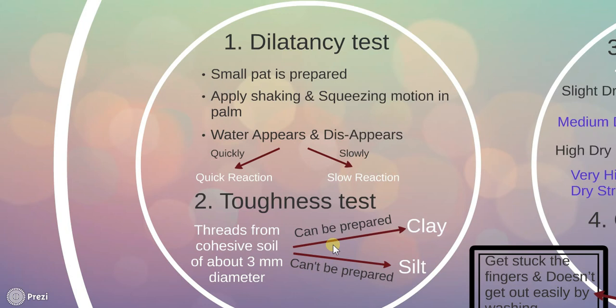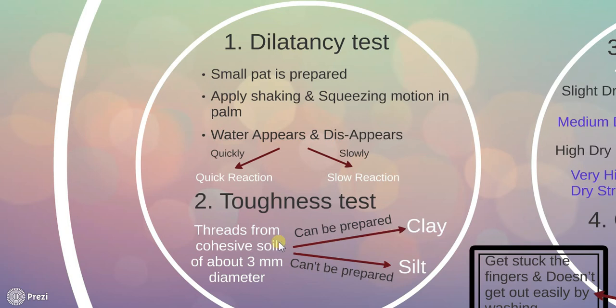The toughness is low if the thread is weak and the soil mass cannot be lumped together when drier than the plastic limit. The toughness is high when the lump can be molded drier than the plastic limit and high pressure is required to roll the thread.